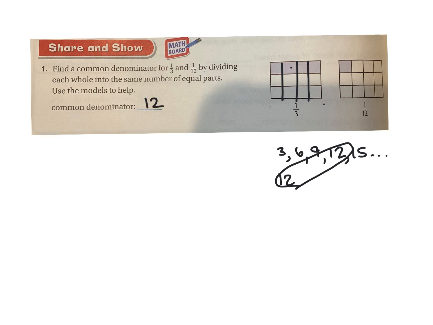I'm going to take this problem a step further just for the practice of it. I don't have to change the denominator of this one to 12 because it's already 12, right? So if I wanted 1/3 to have the same denominator as 12, a common denominator, I would need to multiply 3 times something to get it to become 12.